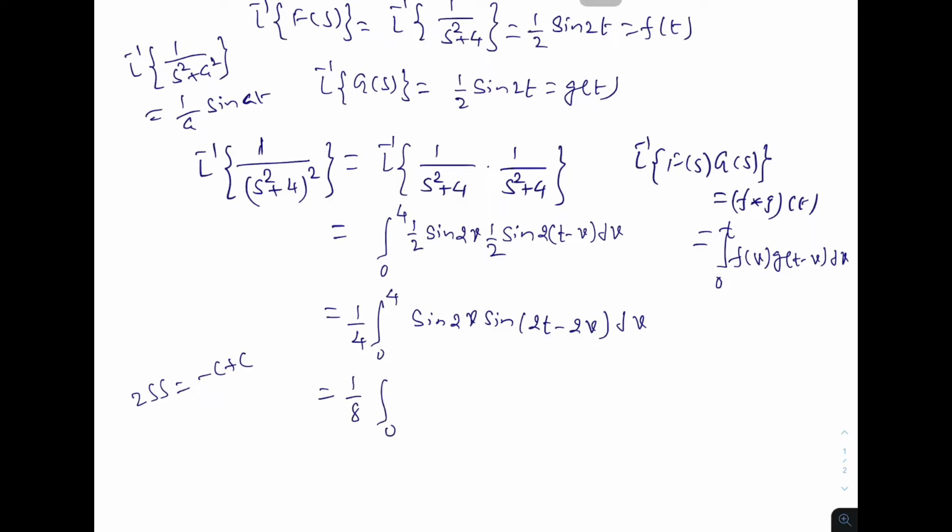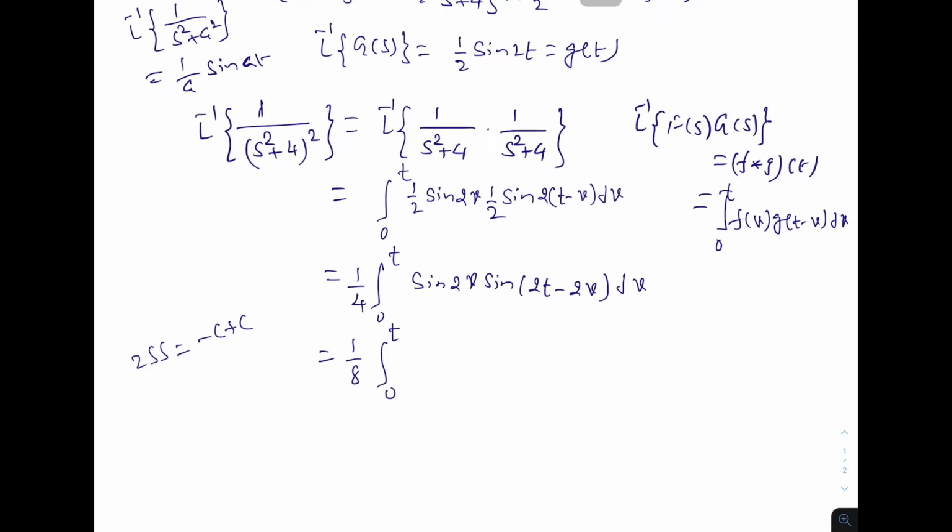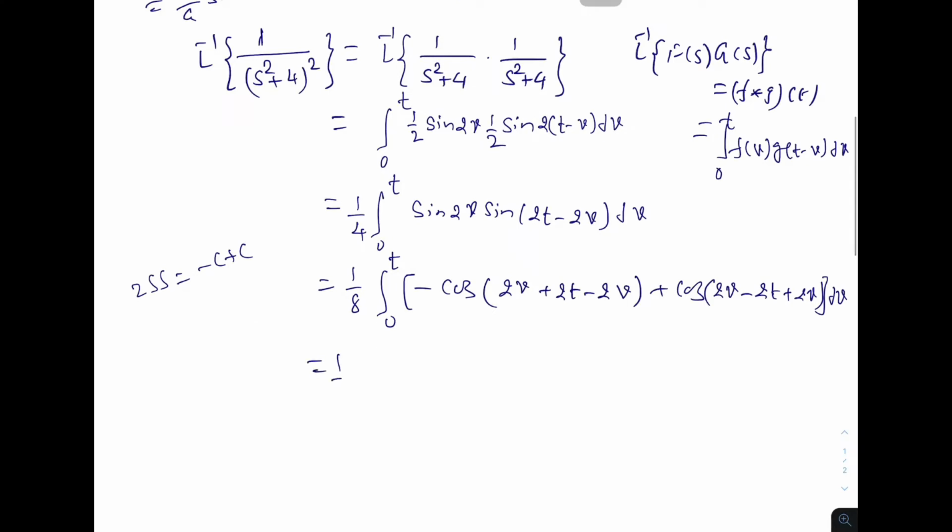So it is 1 over 8 times the integral from 0 to t of minus cosine (2v plus 2t minus 2v) plus cosine (2v minus 2t plus 2v) dv.